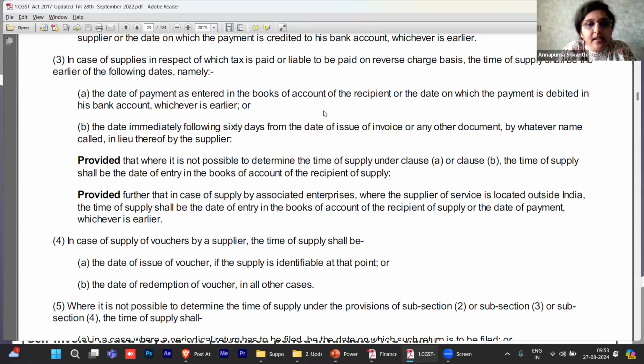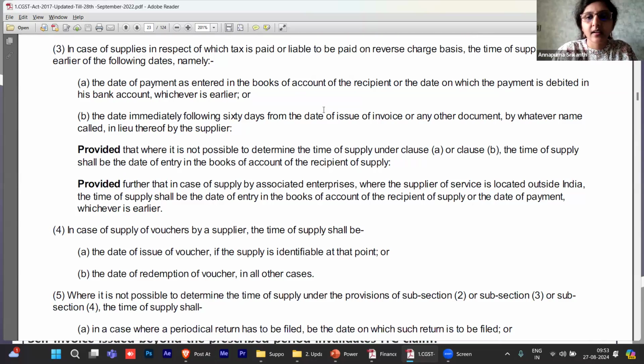So for the unregistered supplier you would get clause A or clause C, and for registered supplier, clause A or clause B. So that 60 days will only be for the registered supplier. Yes.